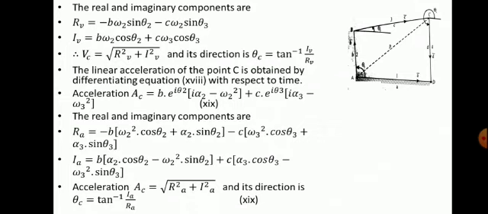Imaginary part is equal to B omega 2 cos theta 2 plus C omega 3 cos theta 3.